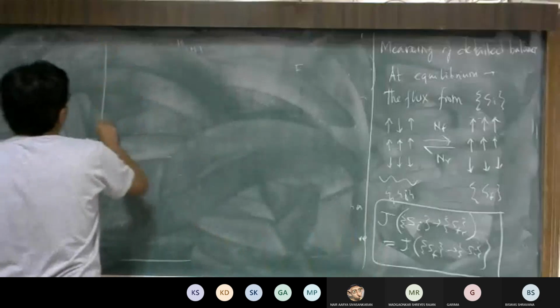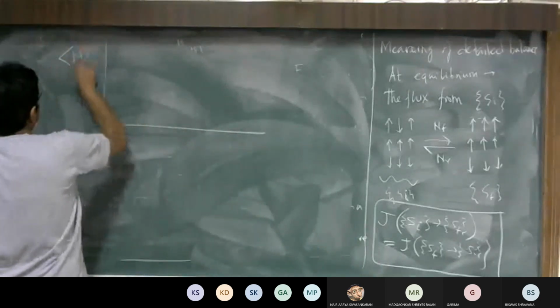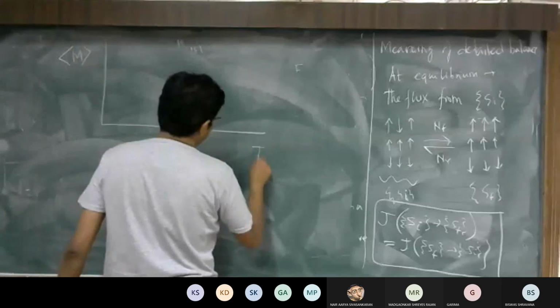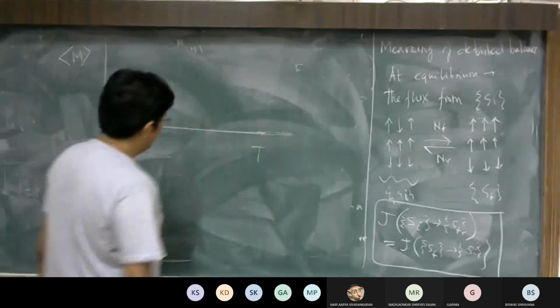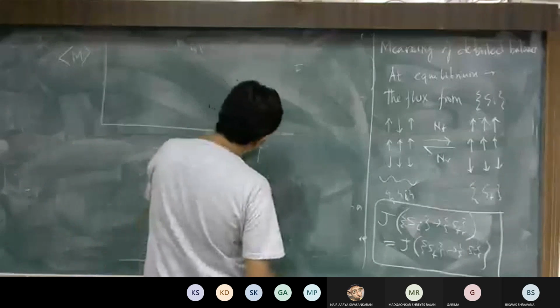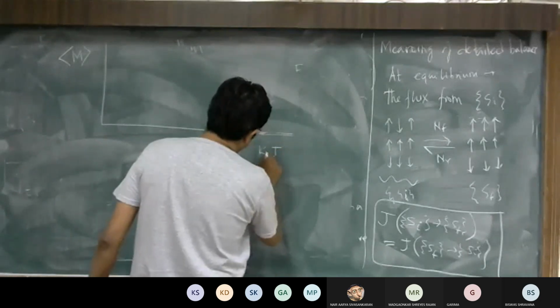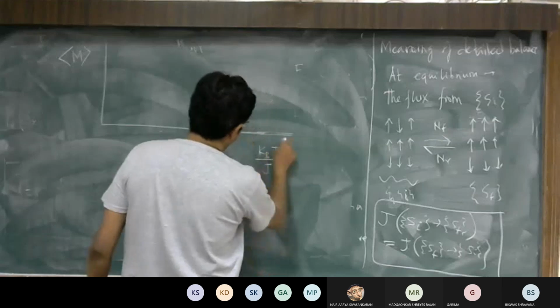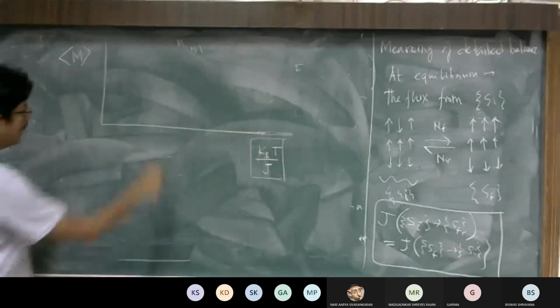Okay, so how does that curve look? If you found the average magnetization and plotted it as a function of temperature, then instead of temperature, I would plot it in units of kBT/J.